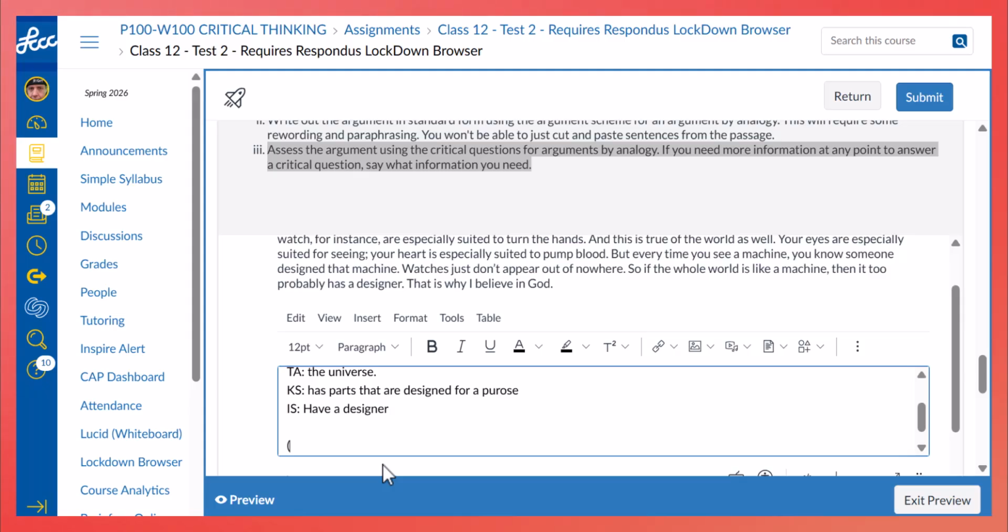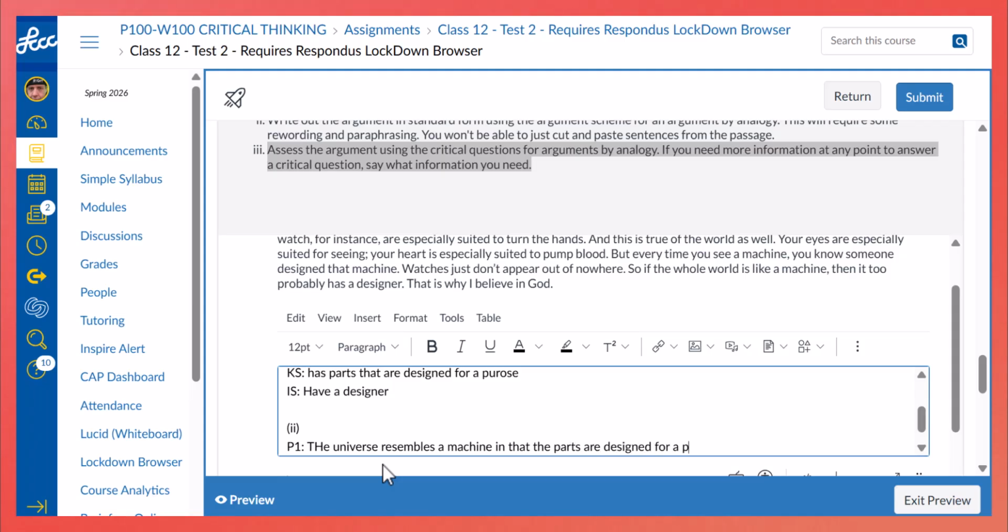So now we can write this in standard form. Premise 1 is the premise that asserts that the two things are similar in some known way. The universe resembles a machine in that the parts are designed for a purpose. The heart looks like it pumps blood.